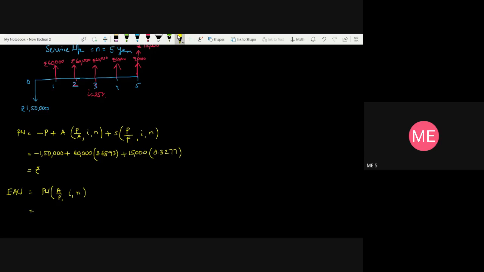So use the present worth here and find out the A by P, comma I is 25%, N is for 5 years. So the present worth into the factor A by P, comma I, comma N, which for 5 years is 0.3718.